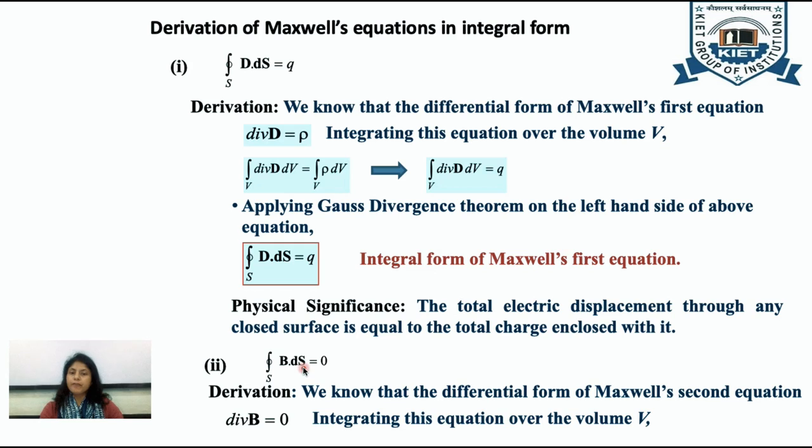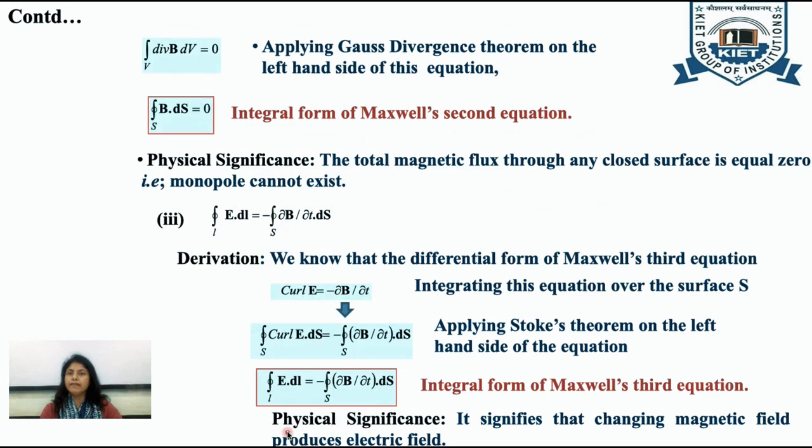Now, the integral form of Maxwell's second equation is surface integration of B dot ds is equal to 0. We know that the differential form of Maxwell's second equation is divergence of B or del dot B is equal to 0. If we integrate this equation over the volume V, we have volume integration of divergence B dV is equal to 0.